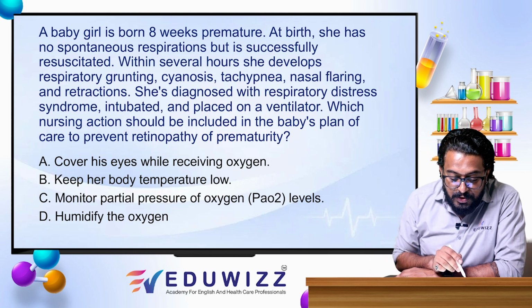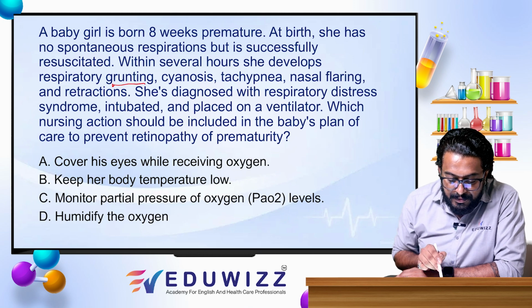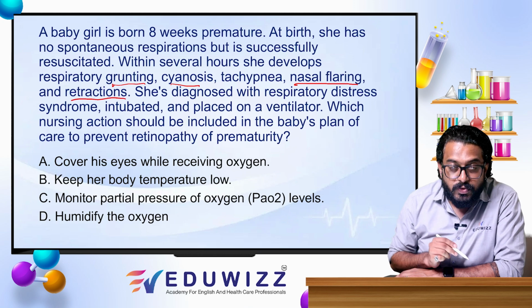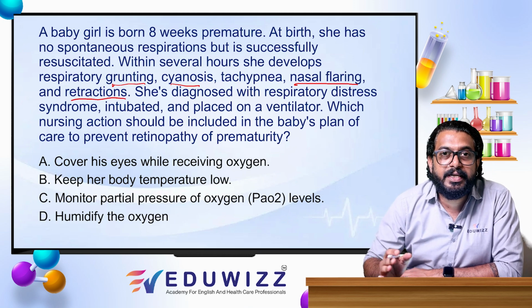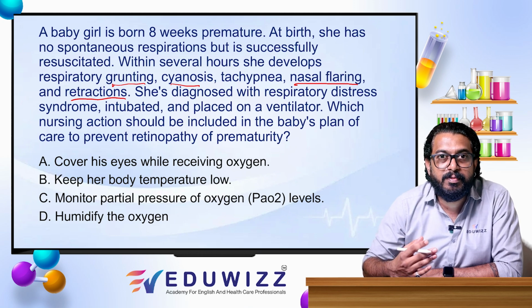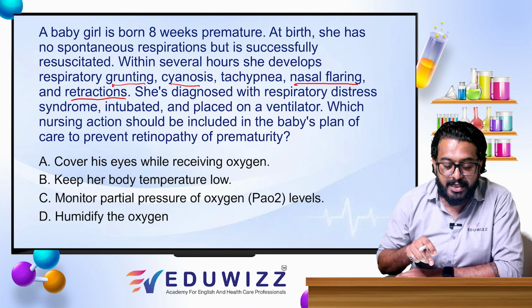And these are the symptoms which are also important: grunting, cyanosis, nasal flaring, and retractions. So the baby here is resuscitated and intubated and ventilated. Now coming to the complication known as retrolental fibroplasia or retinopathy of prematurity.